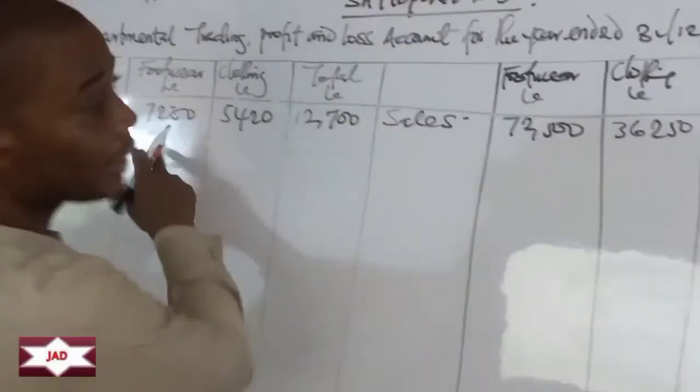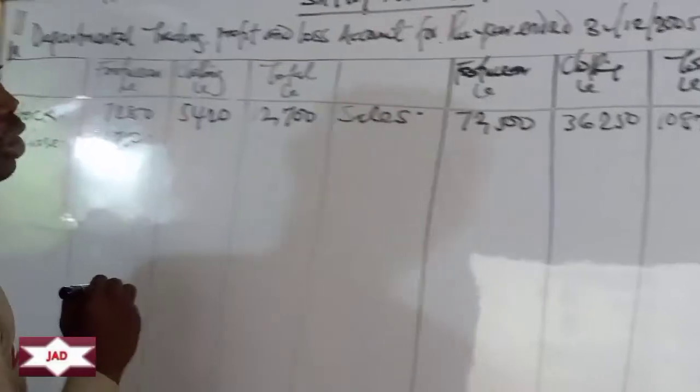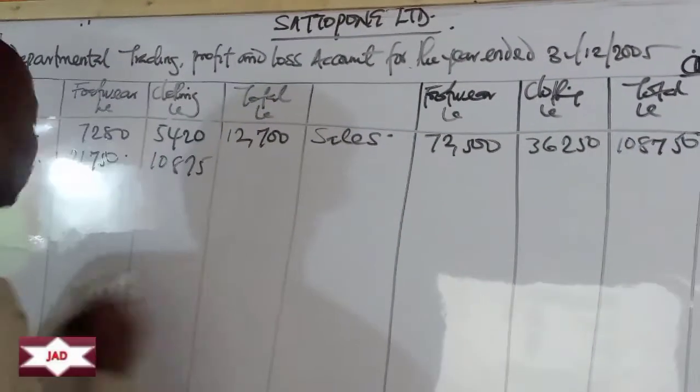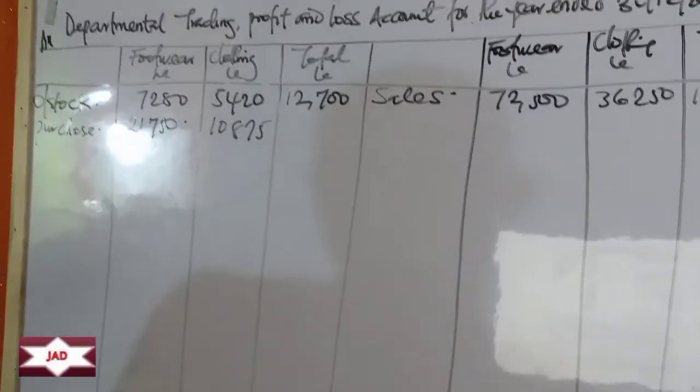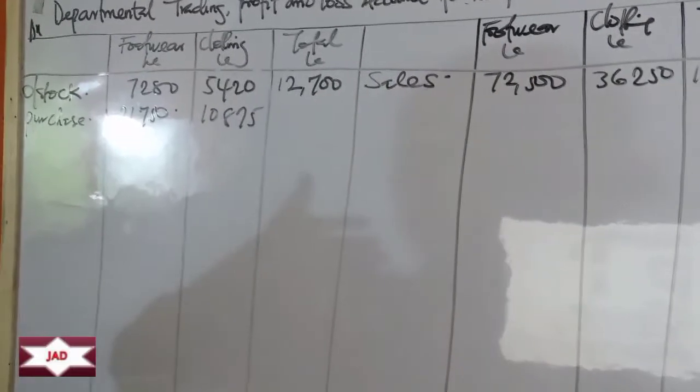So purchases for footwear is 21,750, clothing is 10,875. So what's the total? 21,750 plus 10,875.